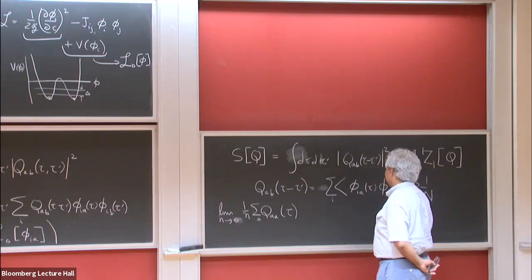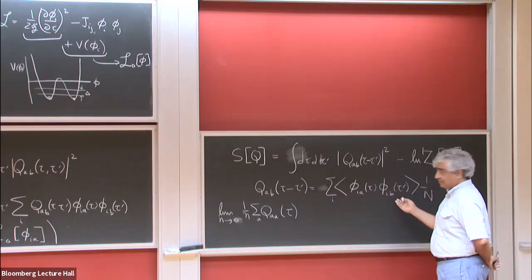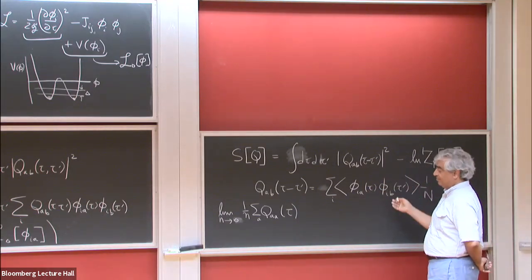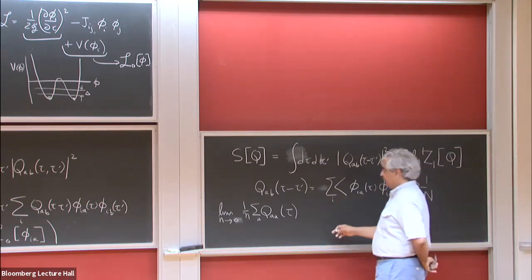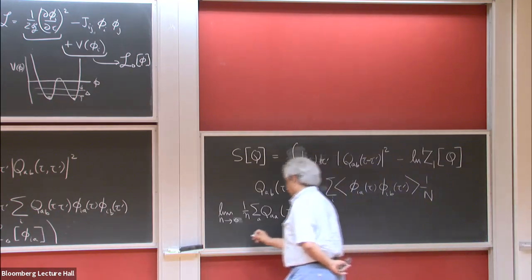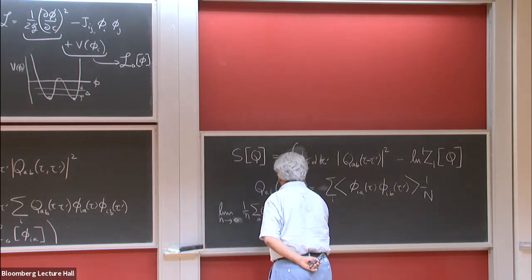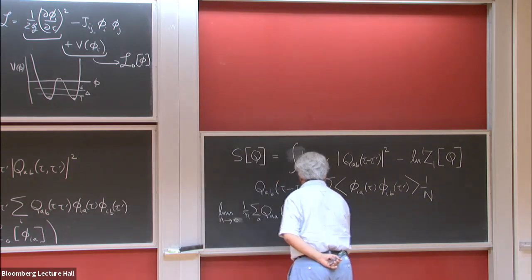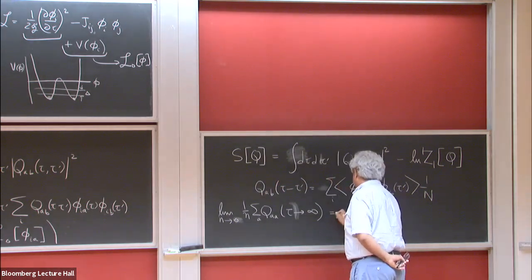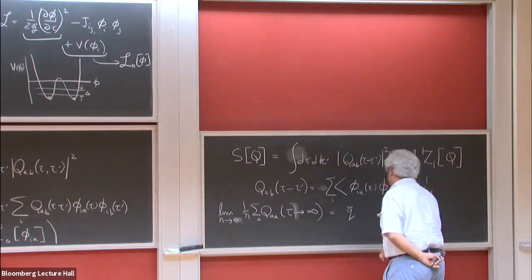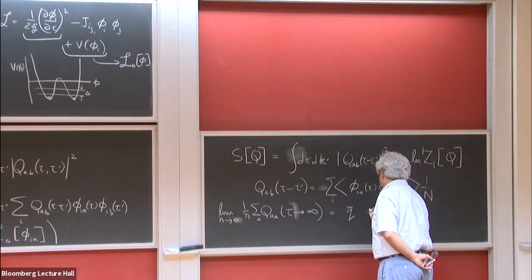So this thing is just the autocorrelation function of a single spin in any given replica. And as tau goes to infinity, this I'll call Q bar. And this is one measure of the spin glass order parameter.